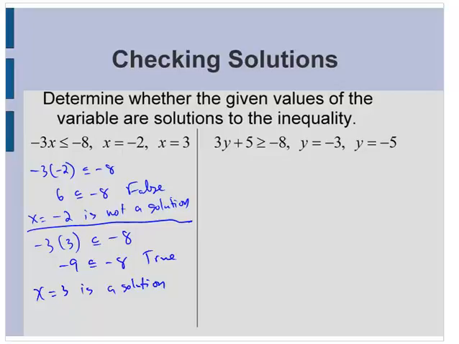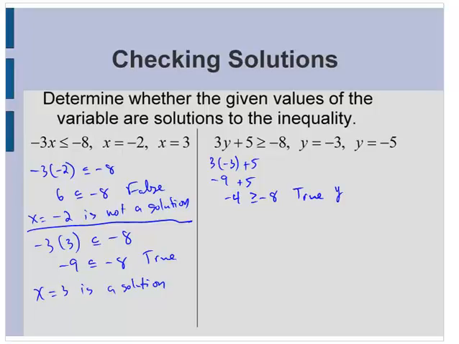3y plus 5 is greater than or equal to negative 8. Check for y equals negative 3 and y equals negative 5. 3 times negative 3 plus 5, negative 9 plus 5, is negative 4. Is negative 4 greater than or equal to negative 8? Yes, it is.